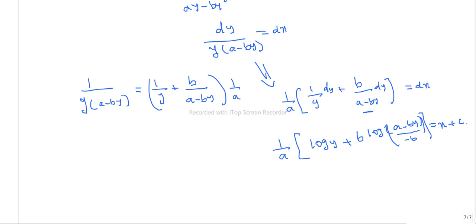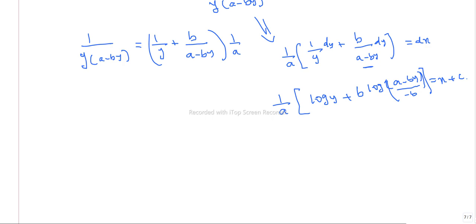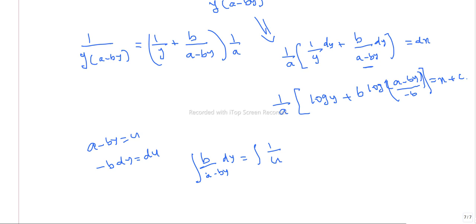How can we integrate this one? Same thing. We call a minus by some u. Now if we differentiate, what is dy? Minus b dy equal to du. Therefore we have the integral of b by a minus by dy, and everything you have to change in terms of u. Therefore 1 by u, b dy can be written as du, but minus is there.